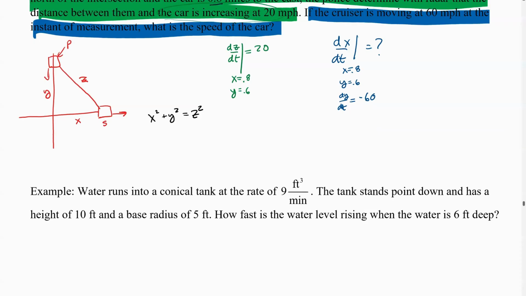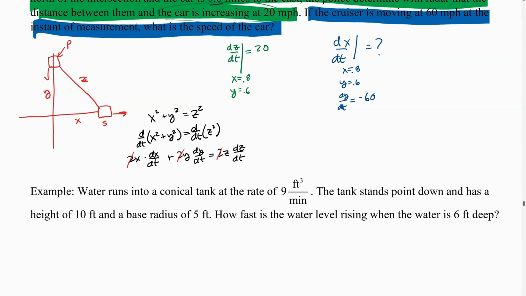So let's take that equation that relates x, y, and z. Let's take the derivative with respect to t of both sides. And we get 2x dx dt, that chain rule, plus 2y dy dt, there's the other chain rule, is equal to 2z dz dt. And I can take my red marker and I'll just divide everything by 2, nice and easy.